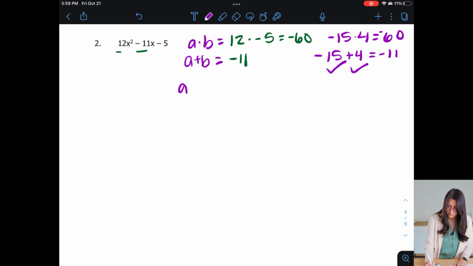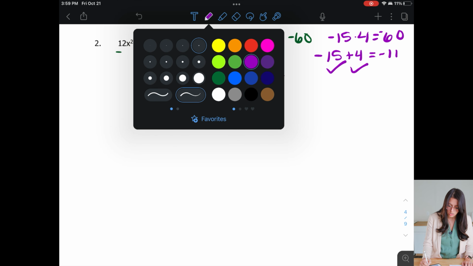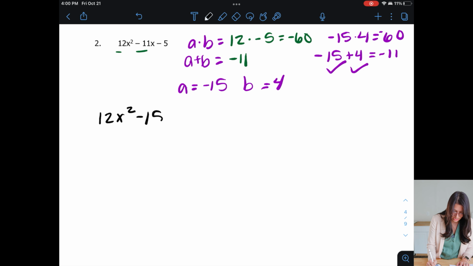Our a term equals negative 15, and our b term equals 4. Now we're going to use that to split up the middle x term. So we are going to say 12x squared minus 15x plus 4x minus 5.